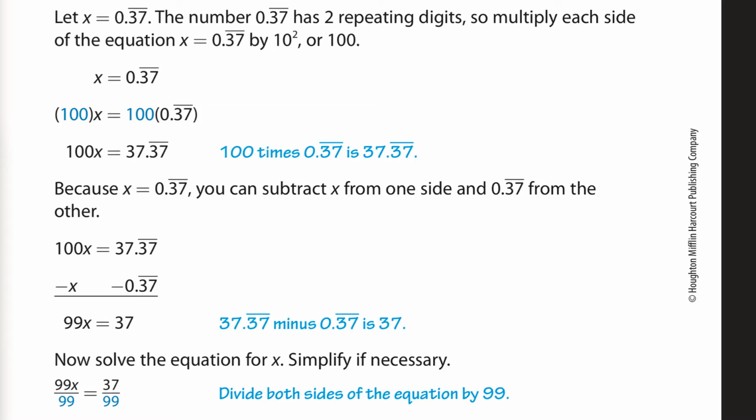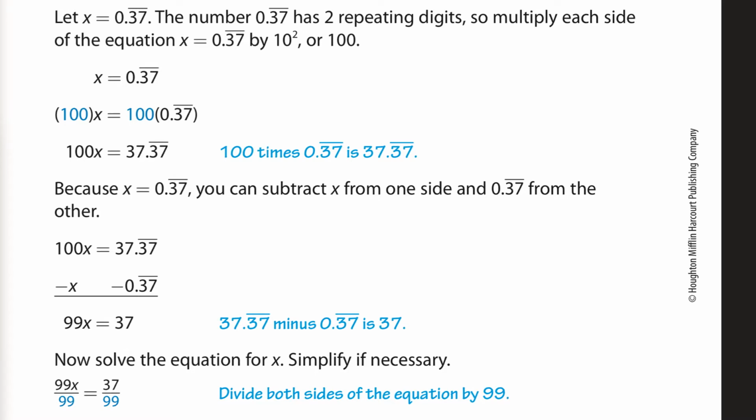Now, in the original statement, x is 0.37 with a bar over it. So if we subtract an x here, and that's 99 x's, and subtract 0.37 here, all of a sudden the repeating parts drop out, and you have 99x equals 37.